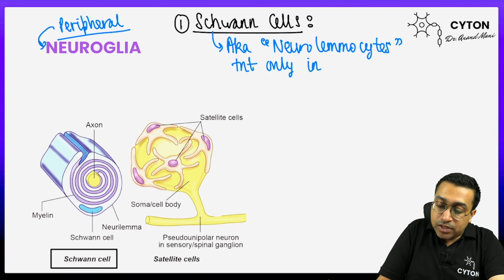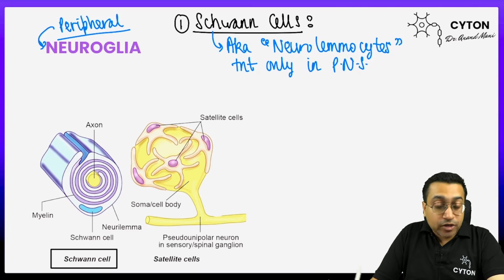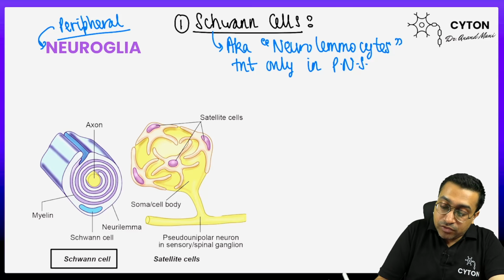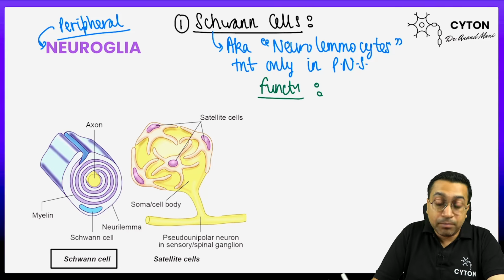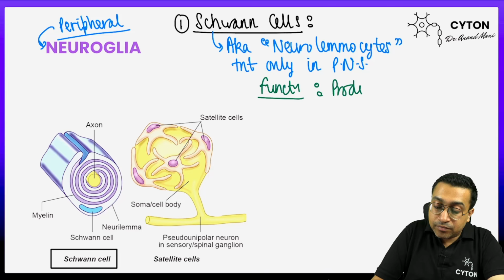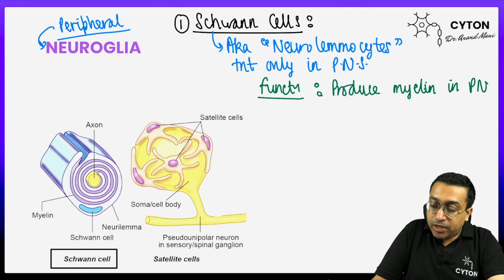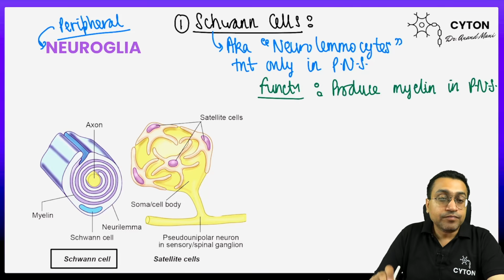The function, as you can imagine, we have already discussed: to produce myelin in the peripheral nervous system.